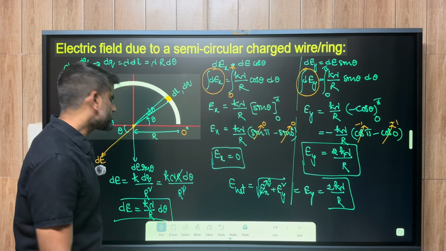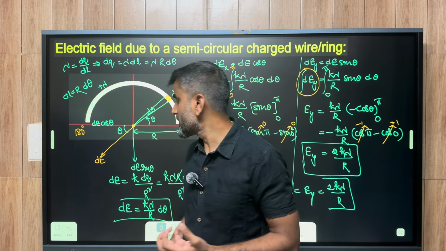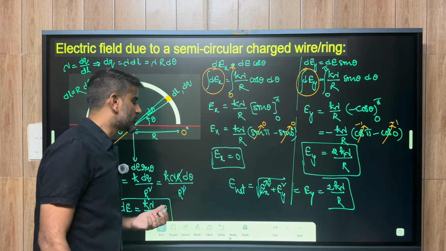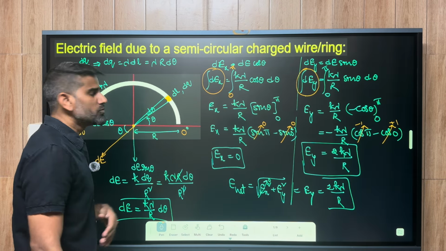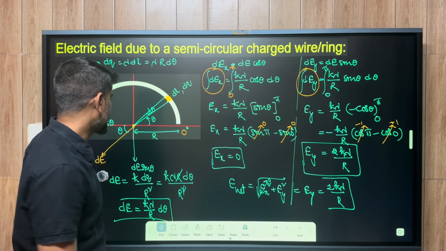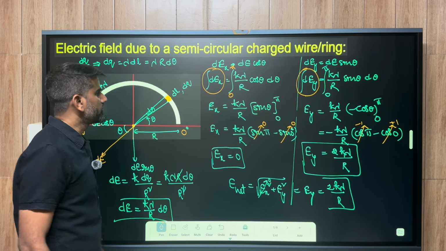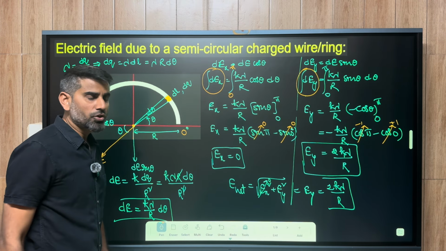Now, as I've already mentioned, there is another method, a common sense method to simplify this. We don't need to do this entire analysis. We can directly jump to this conclusion using basic common sense of symmetry. When you look at this semicircular ring, it has many tiny elements of charge.